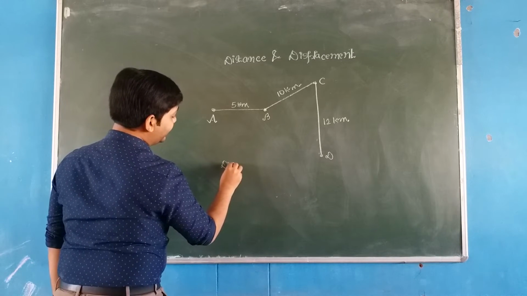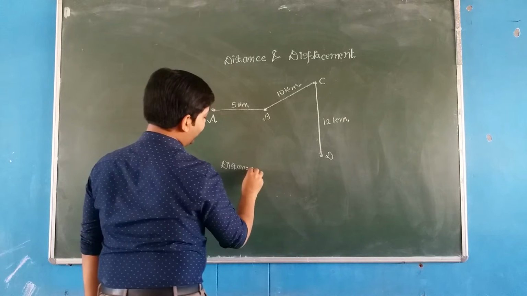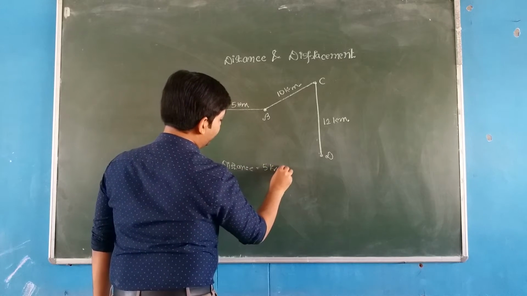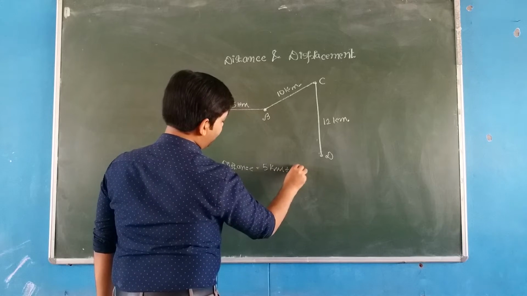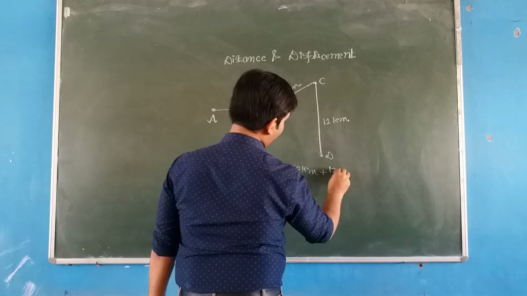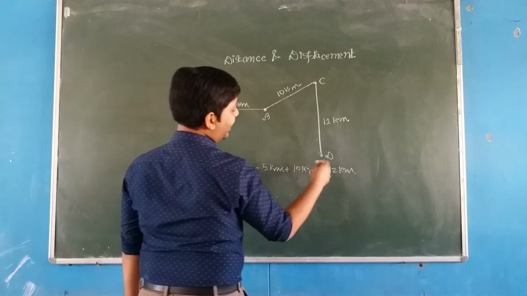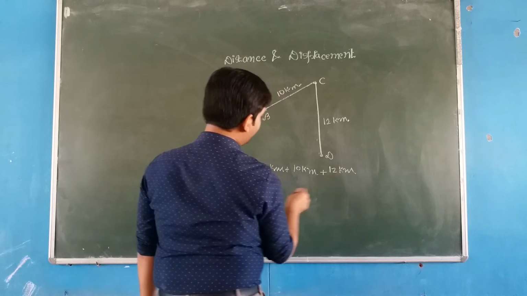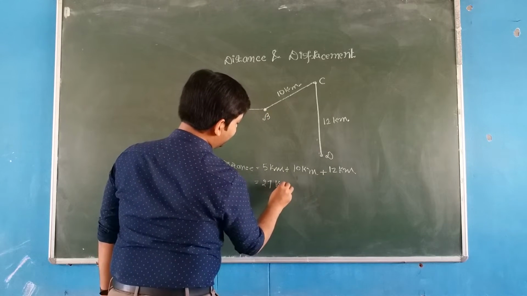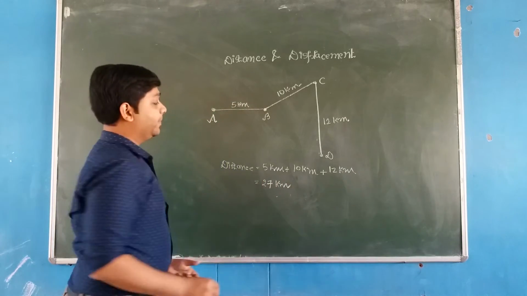So to calculate the distance, we just add the lengths of all the paths. Distance is equal to 5 kilometers plus 10 kilometers plus 12 kilometers. 5 plus 10 is 15, and 15 plus 12 is 27 kilometers. So this is the distance covered by him during his journey.